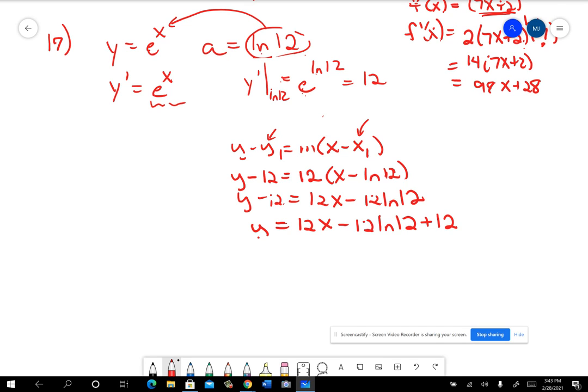And so the gist of it is this. Here's the y function, here's what y equals e to the x looks like.